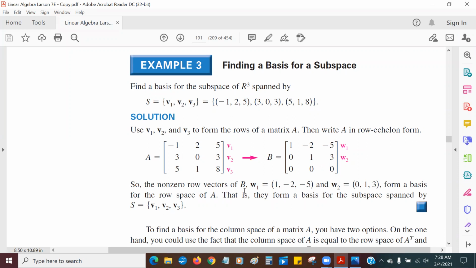So therefore, the basis of the span of S, the subspace which is spanned by S, that basis is 1, -2, -5, that's my first row over here, and 0, 1, 3, which is my second row over here. And voila, which means that this subspace is only two-dimensional, not three-dimensional. But hey, that's showbiz.